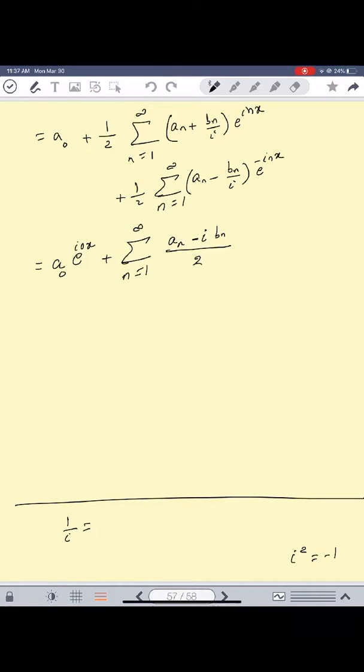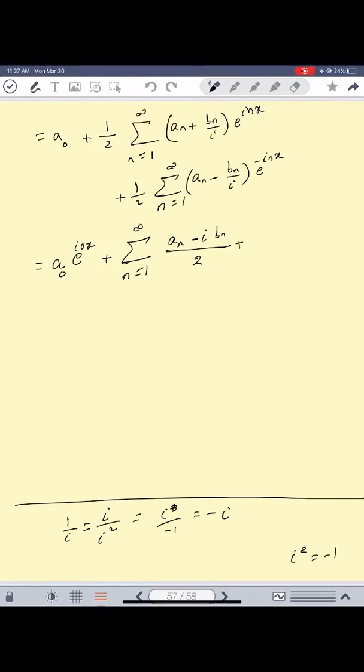Again, I told you why I avoid using i as root negative 1. So what we do, we multiply with i in the top and in the bottom, so you get i over negative 1, which is negative i. So basically, 1 over i can be replaced by negative i. This is what I did in the first sum.